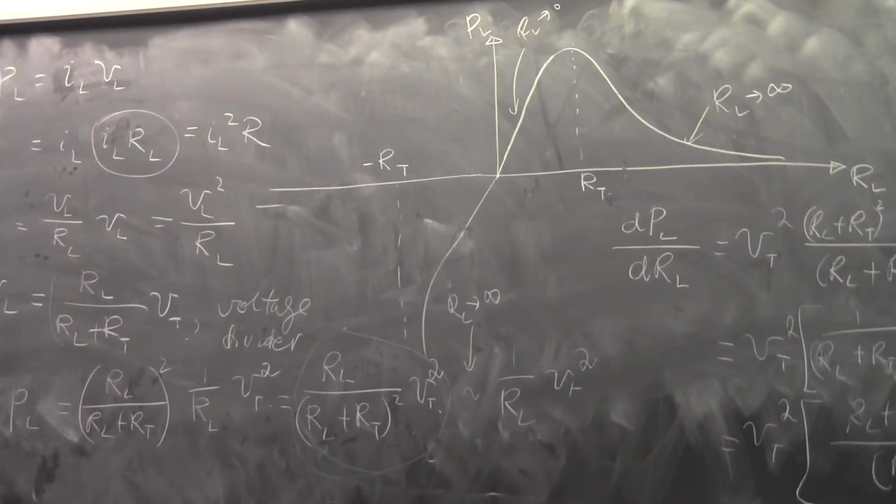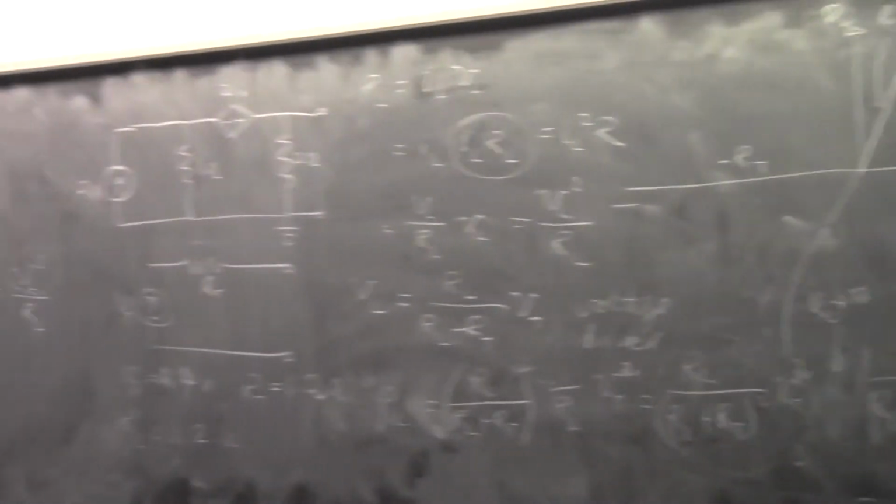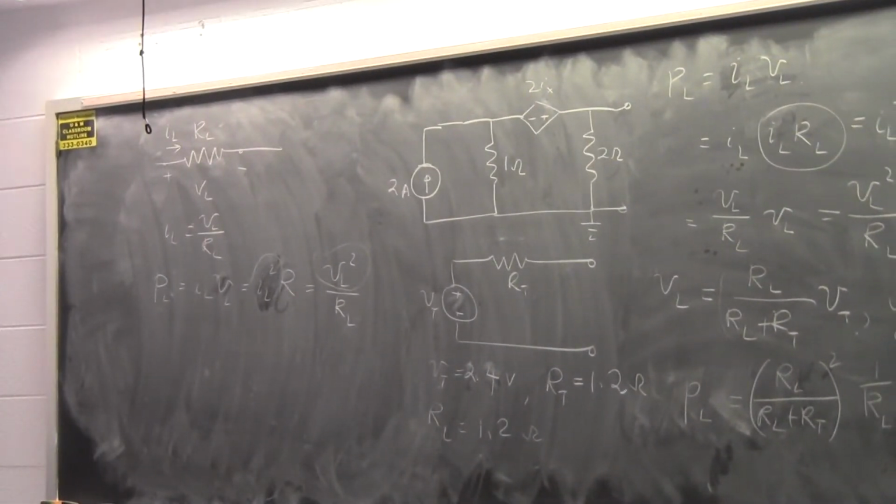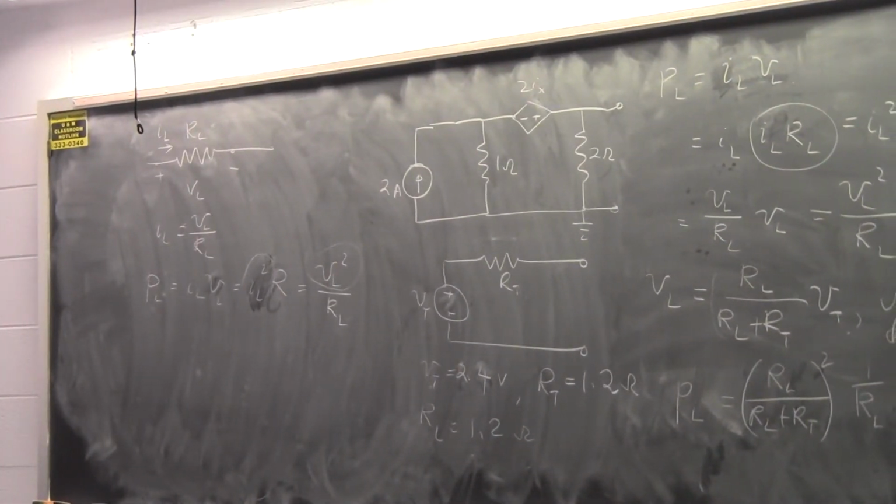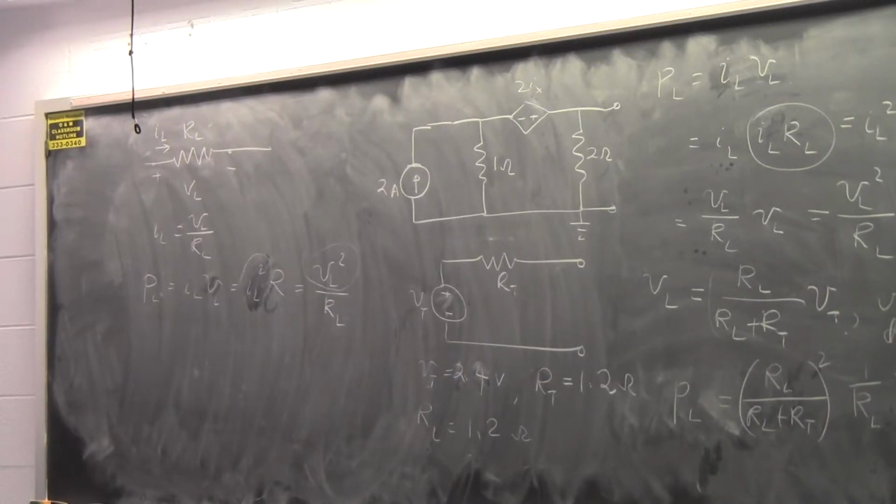In both instances, this number must be a positive number. And if R_L is negative, it means that instead of absorbing power, this device will give out power. It will give out power back to you. And it can only happen if you have a dependent current source or dependent voltage source in your circuit.